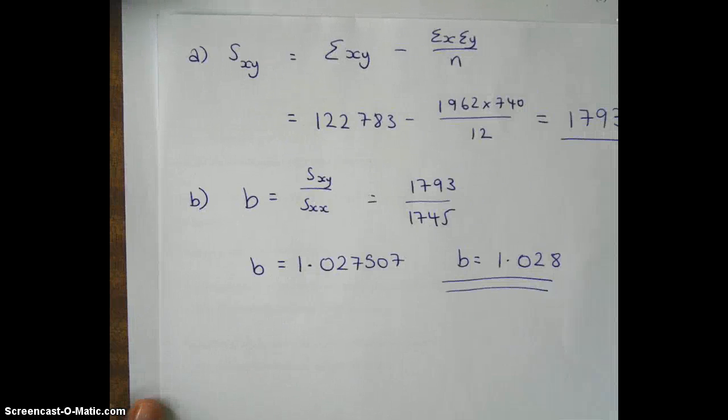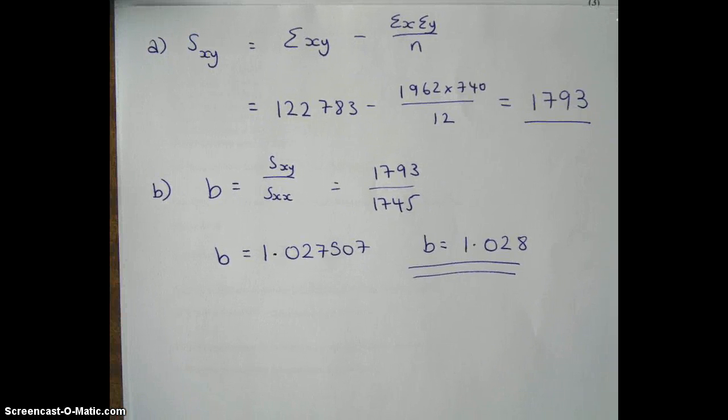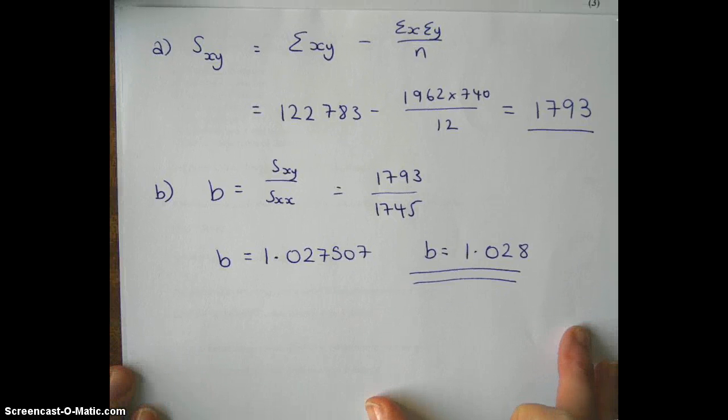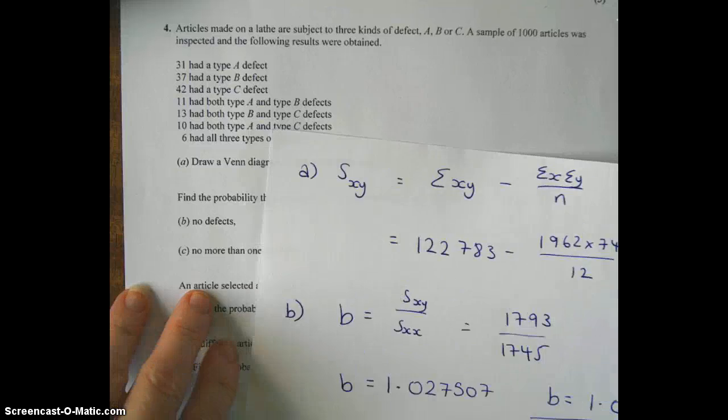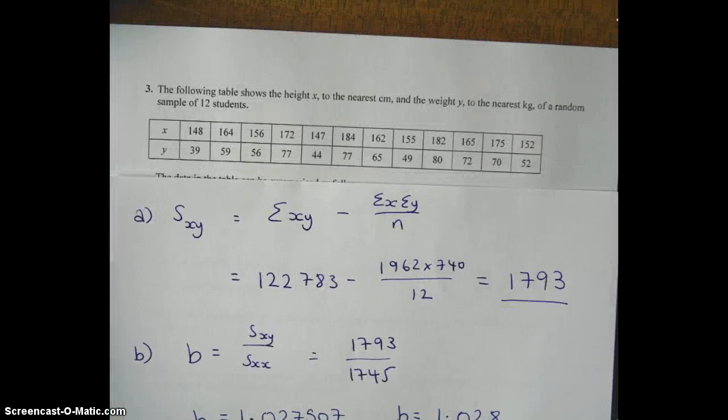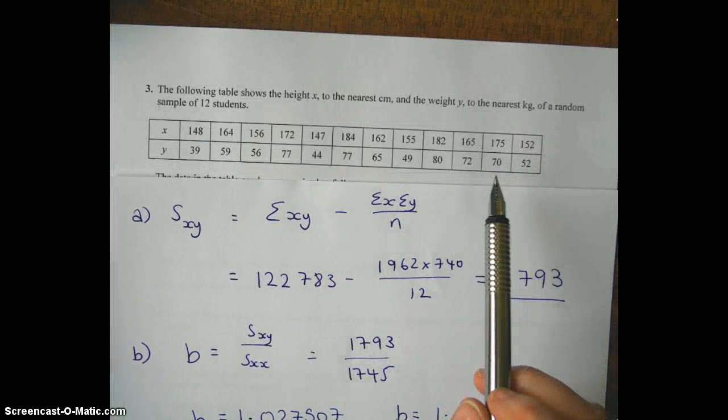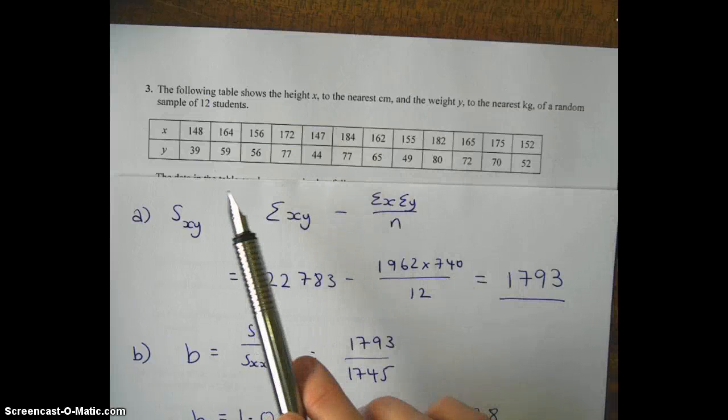Part C, find to 3 significant figures the mean y and the standard deviation of the weights of this sample of students. So, looking back at your table, the weights of the students are just the y values, so we're only looking at these y values.